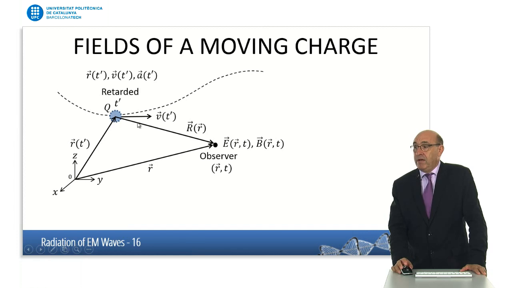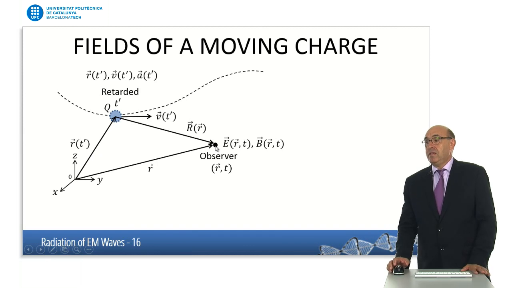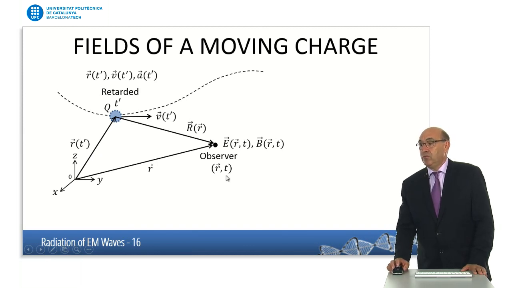Here, once again, we have a distance vector, and for this we have a capital R vector, R, and it's a function of where this charge is and where the observer is. And this is really what we are going to treat. The observer receives and senses a field at this point and measures a field at a certain time.